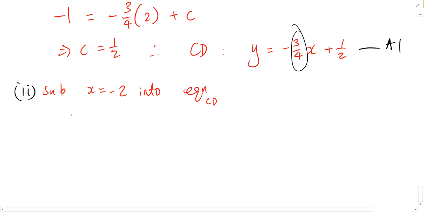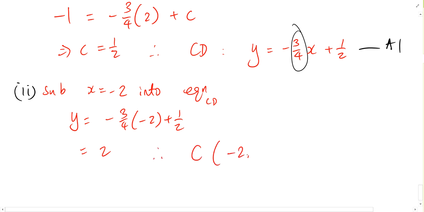So we get the y coordinate, negative 3 over 4 times negative 2 plus half equals to 2. So the point C is negative 2, 2. Here we get 1 mark to find the coordinates of C. Not everybody did it. Some people never find coordinate of C. I don't know how you can find the coordinate of D.